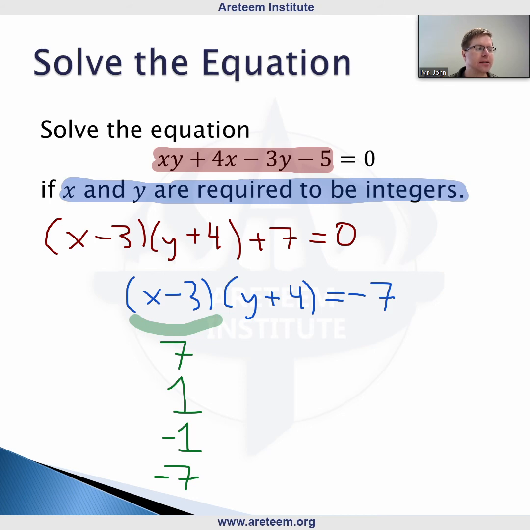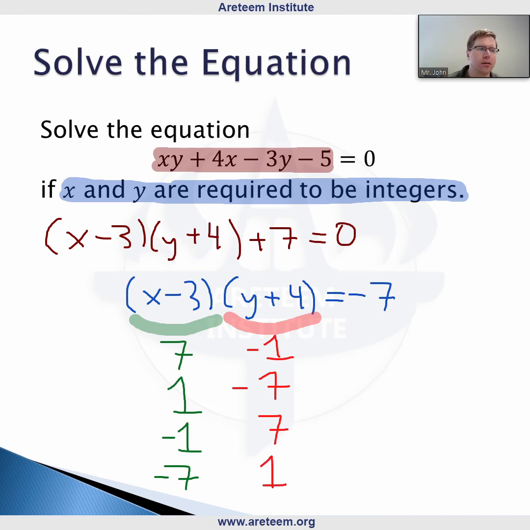Now, notice that if we know the x values here, the y values are determined as well. If x minus 3 is 7, what times 7 gives us negative 7? This has to be negative 1 here. Likewise, negative 7 here. Then we have positive 7, and then we have positive 1 as our last one.